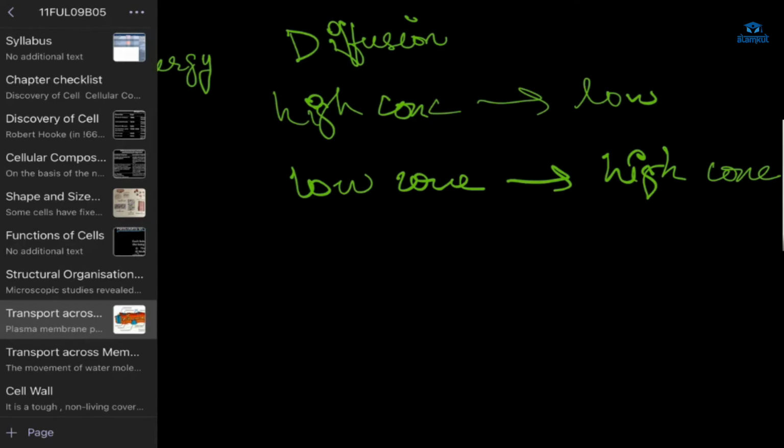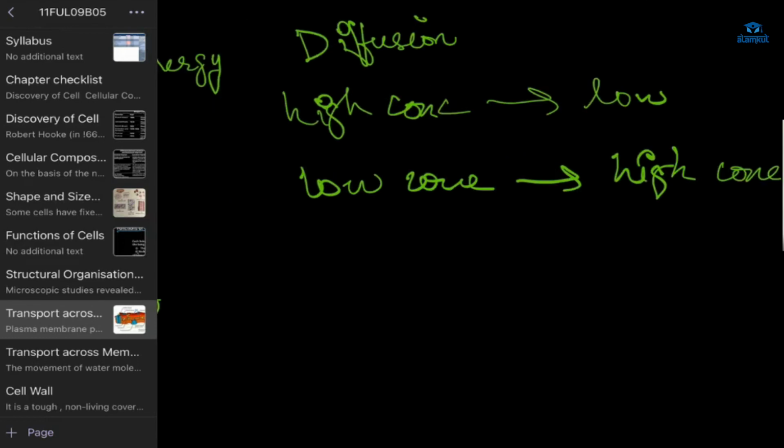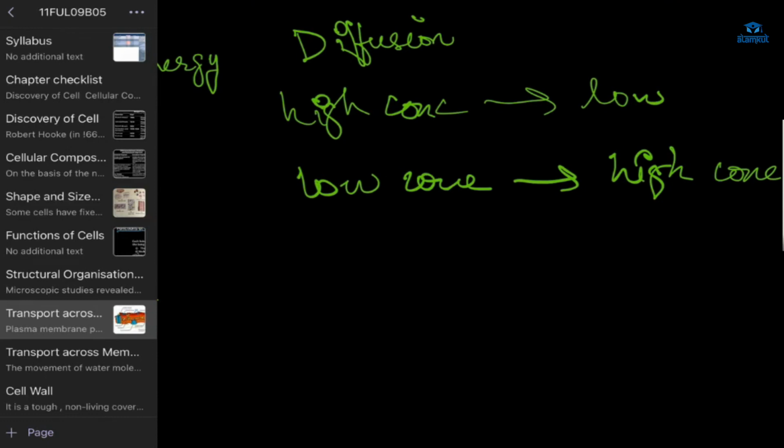The transport of molecules from low concentration to high concentration with the help of ATP, energy molecules, okay? And it also requires carrier protein. It can't go inside by itself. It's not like simple diffusion.